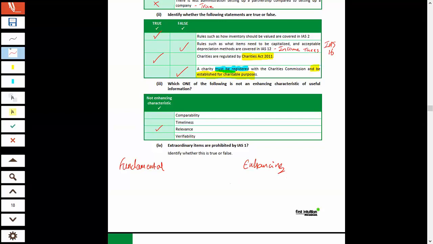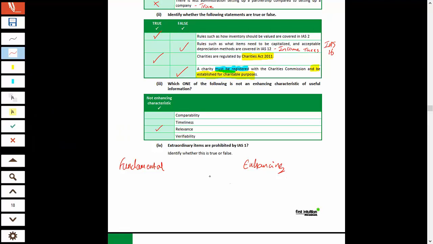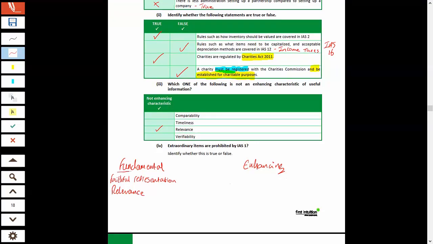So what are our fundamental characteristics? The first one, which isn't on this question, is faithful representation. The second one, as Natalia very kindly pointed out, is relevance.